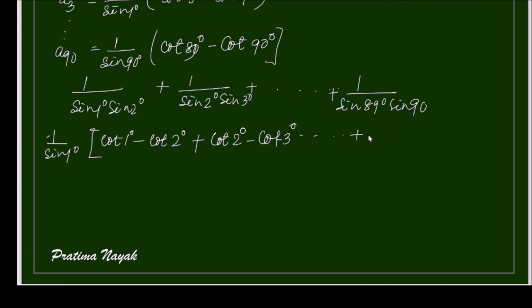Last but one will be cot 88 minus cot 89. And last will be cot 89 minus cot 90.